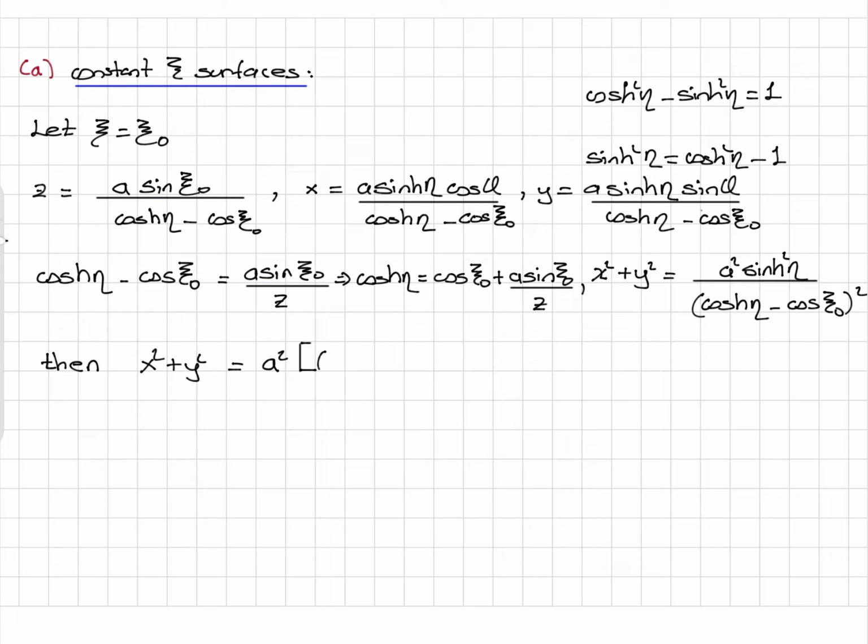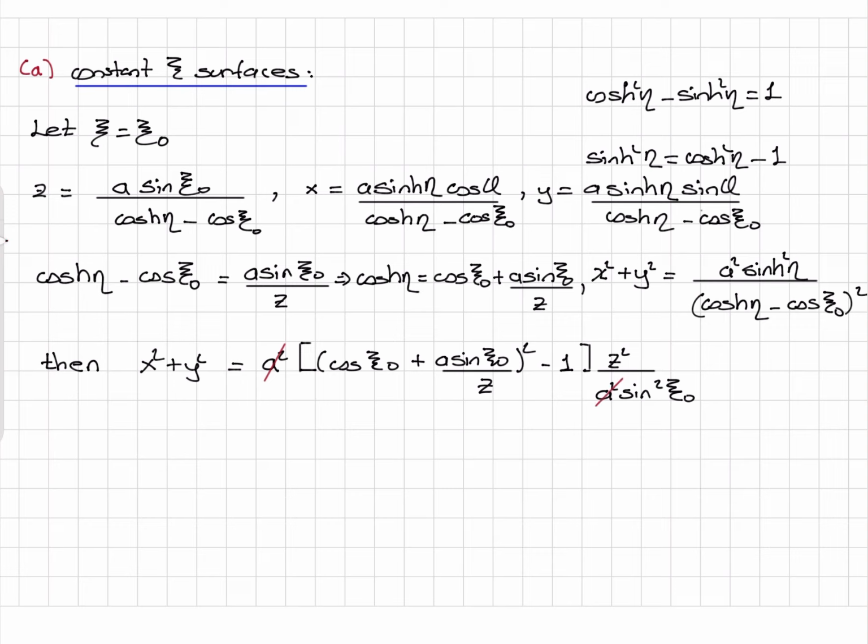So this is going to be (cos psi 0 plus a sin psi 0 over z) squared minus 1. And here I have at the bottom cosh eta minus cos psi 0. For this one I can substitute a sin psi 0 over z. So taking the reciprocal, this becomes z squared divided by a squared sin squared psi 0. And now you can see that these a squared will cancel out.